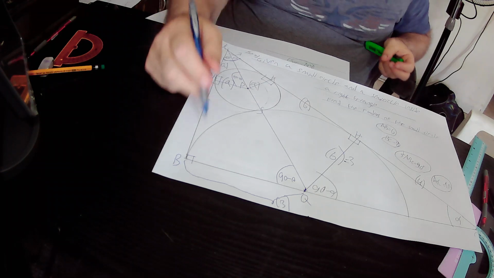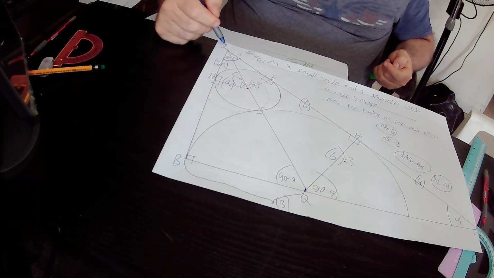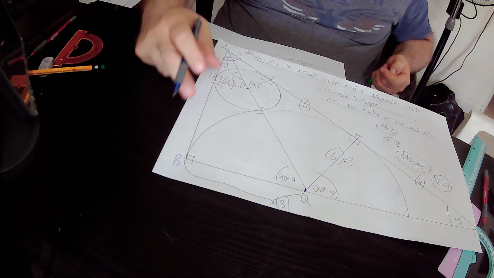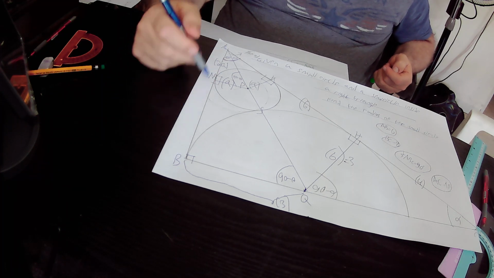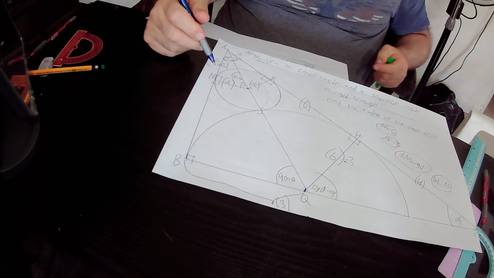So AN equals 2a, AB equals 6. Therefore, the missing side NB must be equal to AB minus AN. Again, AB minus AN equals NB. AB is 6, AN is 2a. Therefore, AB minus AN is 6 minus 2a.